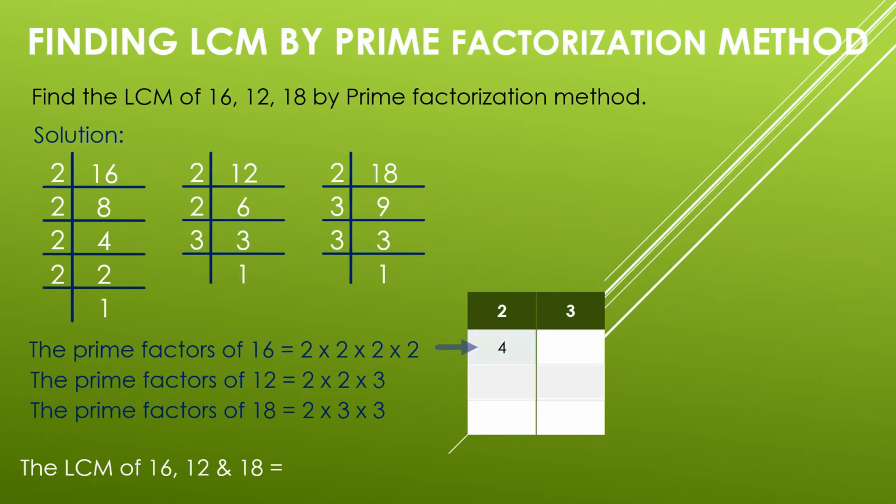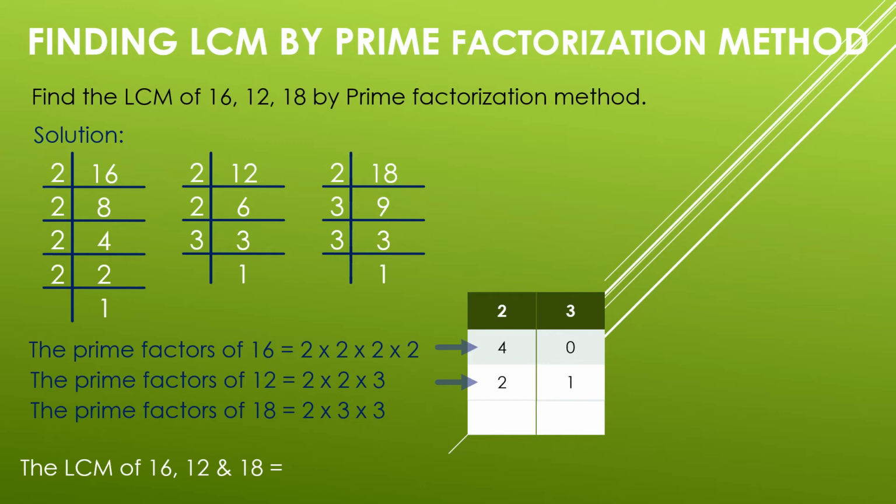How many times is 3 present in 16? 3 is not present in 16. So write 0. Now if we look at the factors of 12, how many times is 2 present in 12? 2 times. So write 2. How many times is 3 present in 12? Yes, just once. So write 1.